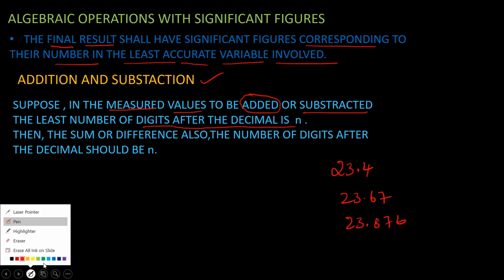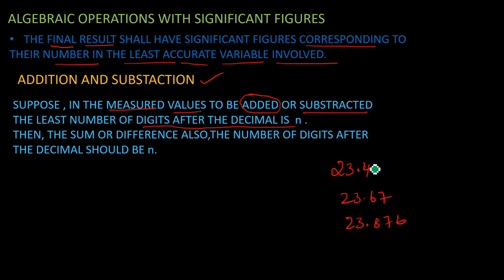Here the least number of digits after the decimal is n. Then the sum or difference should also have n digits after the decimal, here 1.